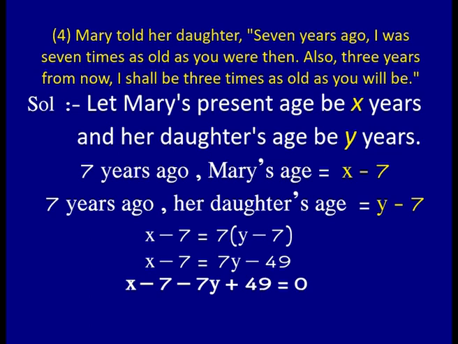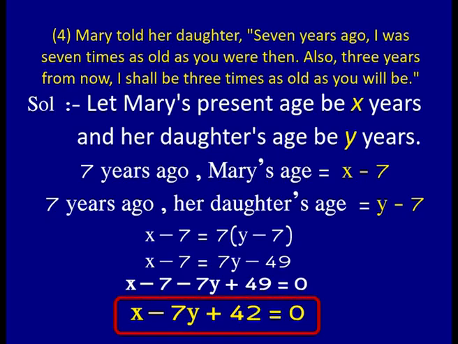Minus 7 plus 49 becomes plus 42. Therefore, X minus 7Y plus 42 is equal to 0. It is the linear equation in two variables for the first case.